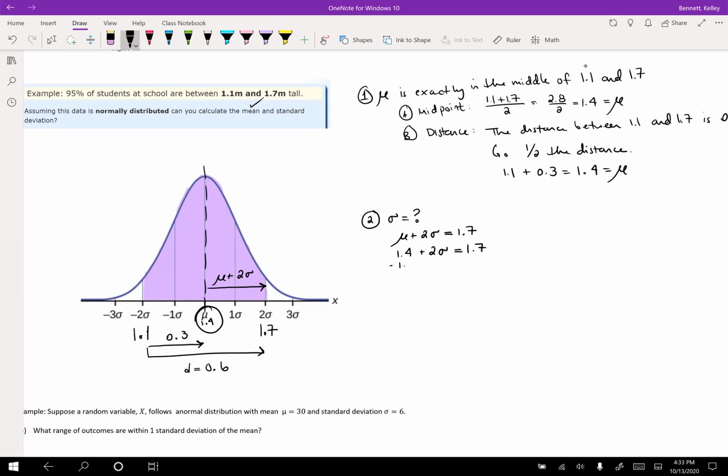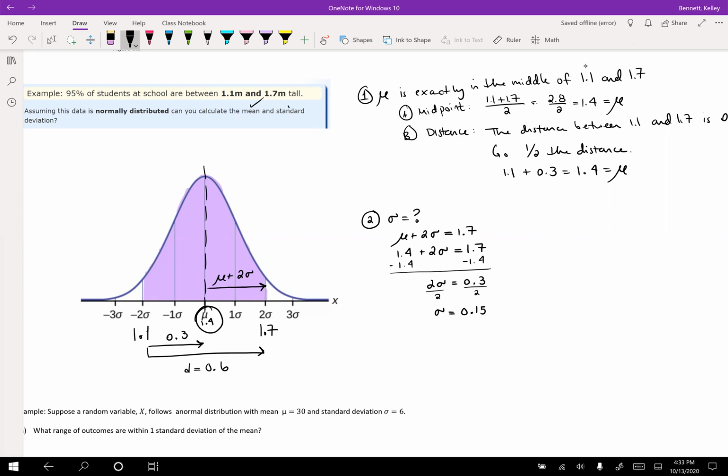So let's subtract 1.4 from each side. Now I have 2 sigma equals 0.3. And next, I'm going to divide each side by 2. So I get sigma equals 0.15.